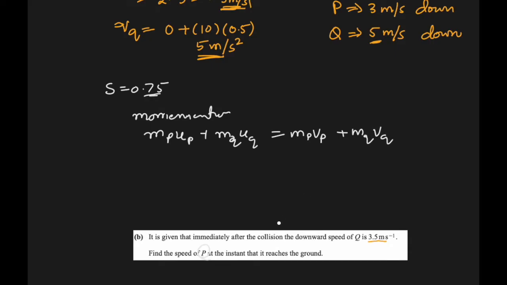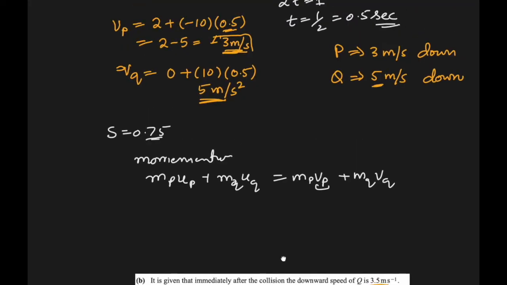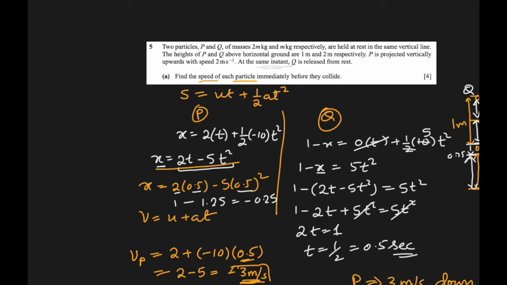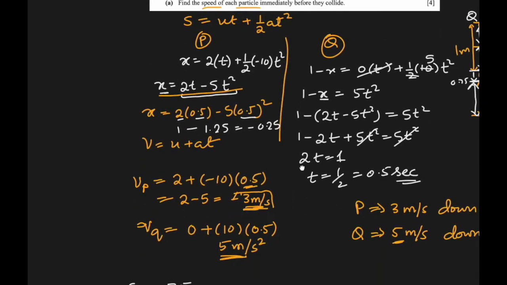They're asking for P, so that means we have to find this speed. Okay, so masses of P and Q, what are they? They are 2m and m. 2m is P.